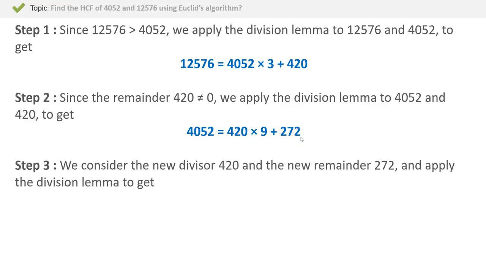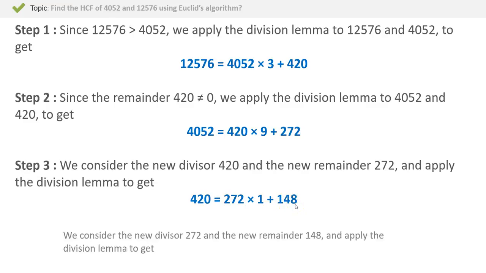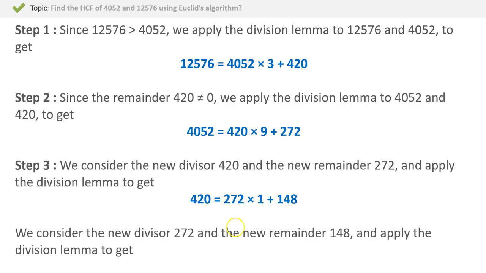In this case also we do not have remainder 0, so we continue further. Now we represent 420 as 272 multiplied by 1 plus the remainder 148. Again my remainder is not 0, so I have to move further.